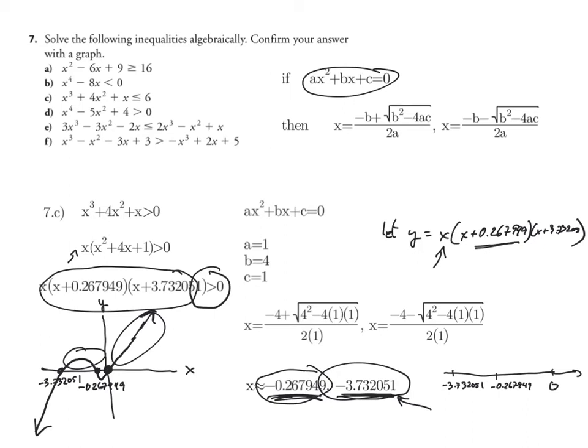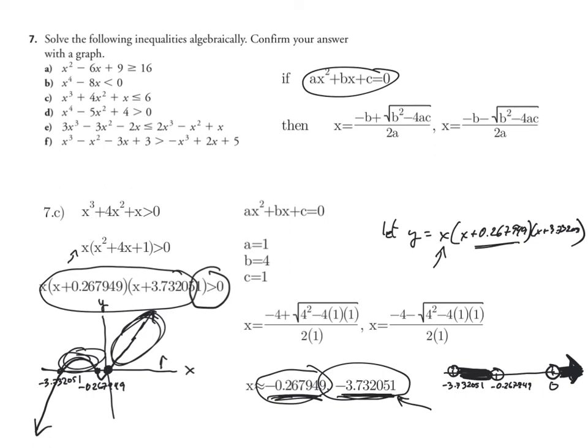So I almost made a mistake and colored in that 0 there. So open circle here, but everything greater than 0 will give you a y value that's greater than 0. And anything between these two points here will give you a y value that's greater than 0. So not including this, not including that. That's when it equals 0. Everything in between is when it's greater than 0.